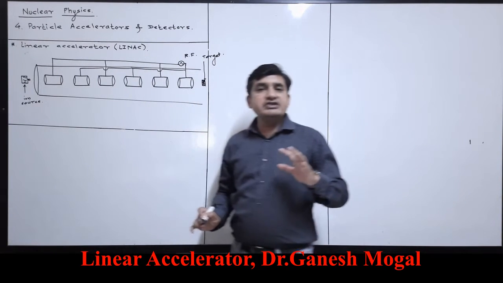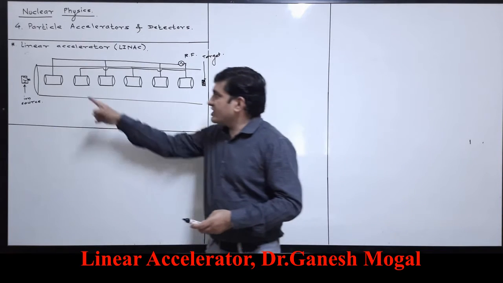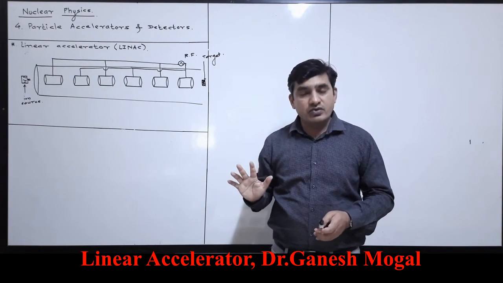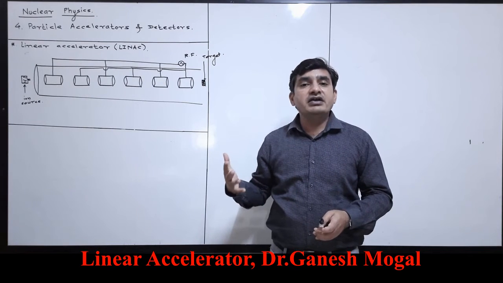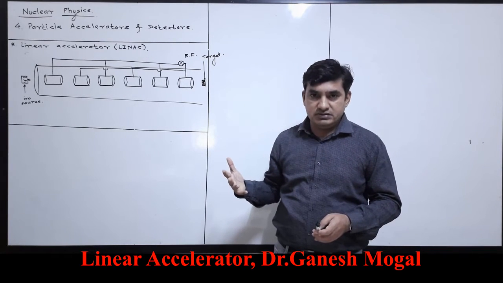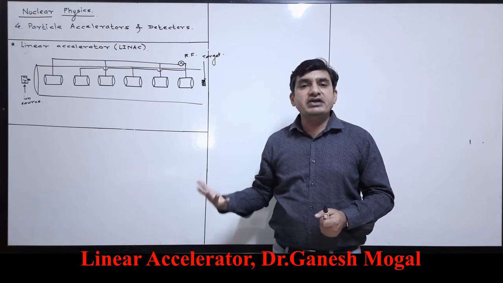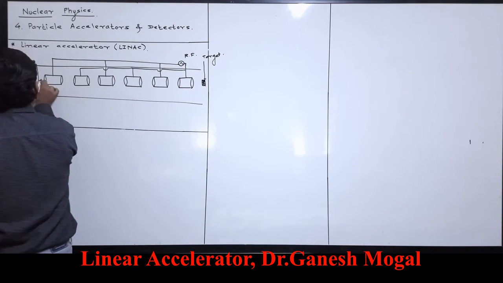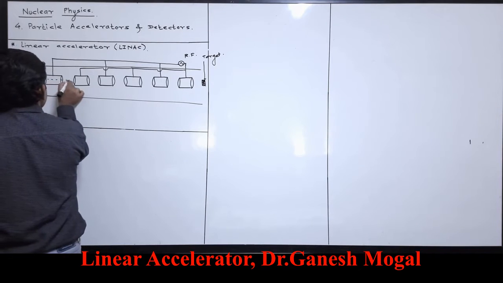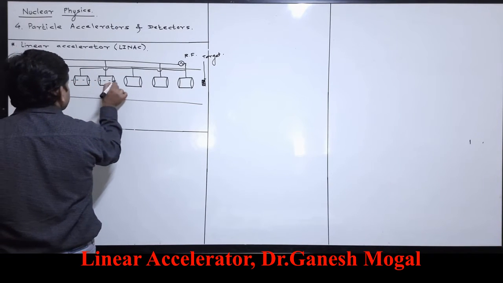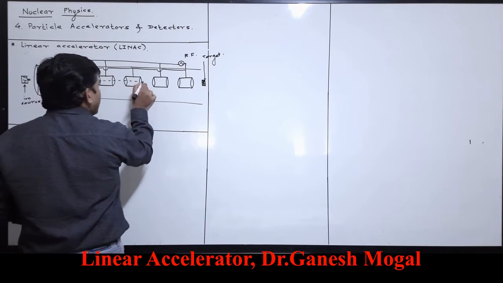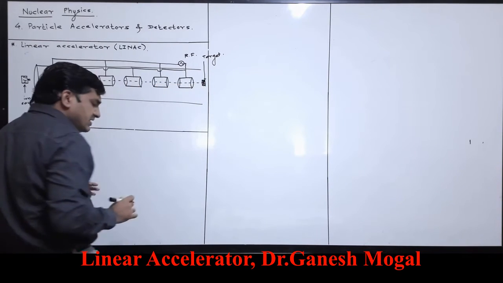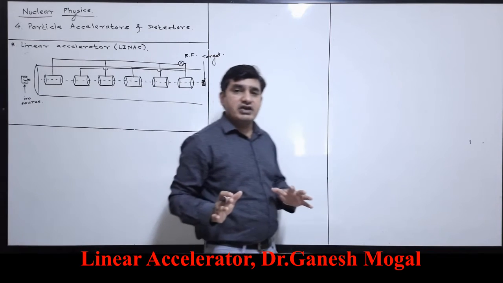When the charged particle goes through these electrodes, the charged particle gets accelerated. Its kinetic energy increases, and its velocity also increases.